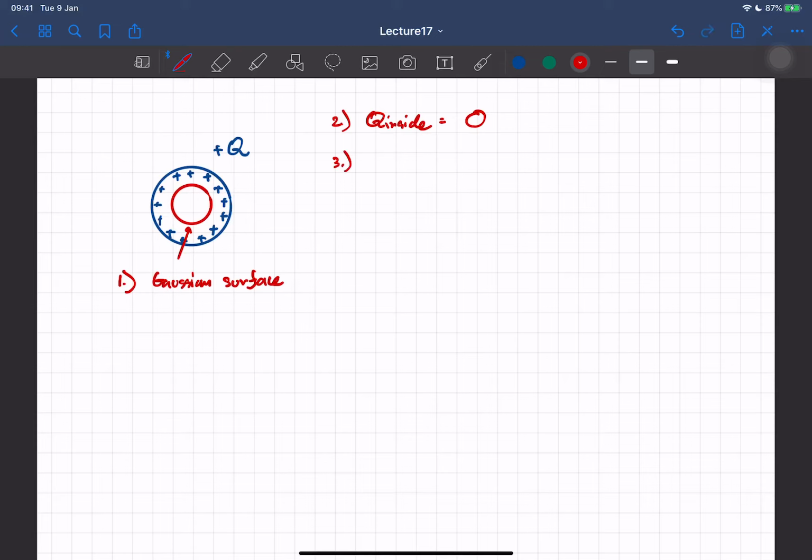So Q inside is 0 means the total flux, applying Gauss's law, which is total flux equal to Q inside divided by epsilon 0, has to be 0. So that also means the flux here must be equal to 0. And the total flux is electric field times area. We know that area is not 0 because we define the red sphere to have non-zero radius. So the only way this can be 0 is for this electric field to be 0.